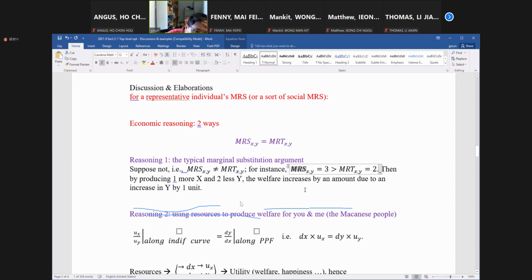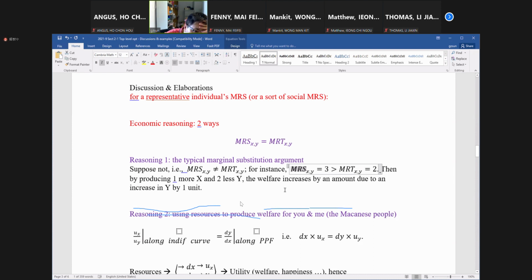So if we are still moving along the given indifference curve, what you said is correct. We can either increase x and at the same time decrease y, or increase y and at the same time decrease x, then our utility doesn't change, right?